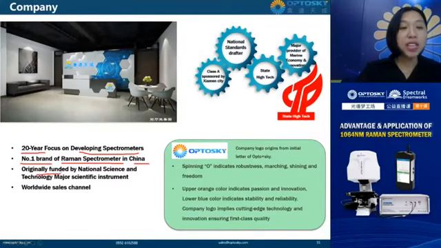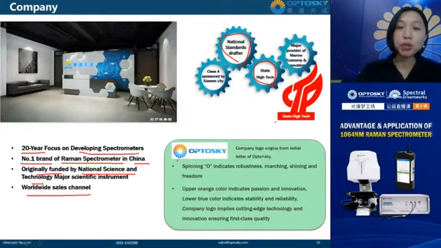And we originated from a National Science and Technology major scientific instruments project. And we have exported our instruments worldwide and established a worldwide sales channel. And Opto Sky has been a national standard drafter and a high-tech company.